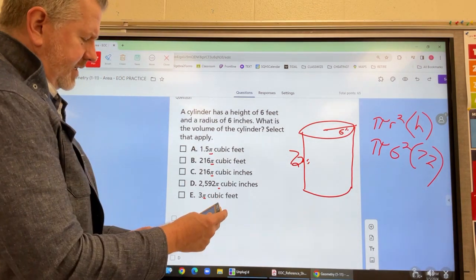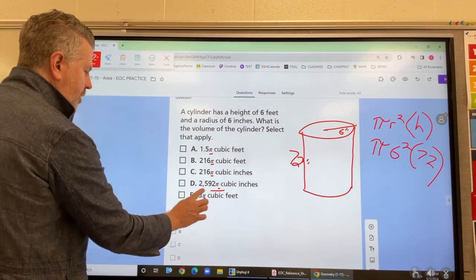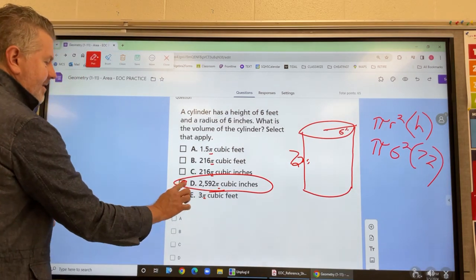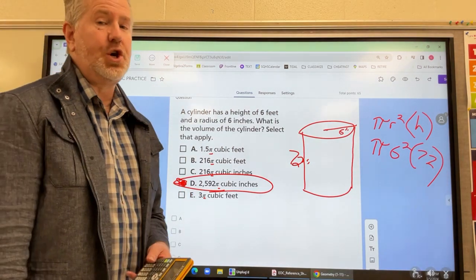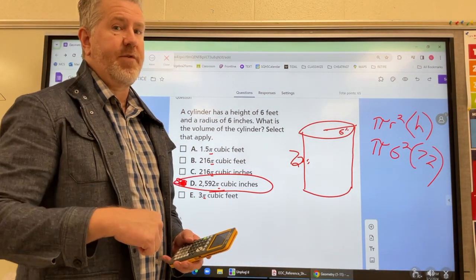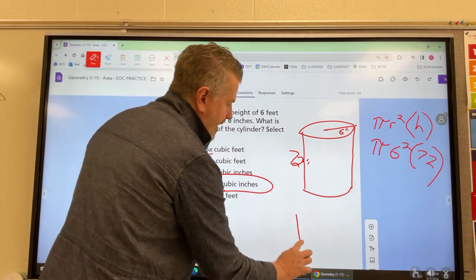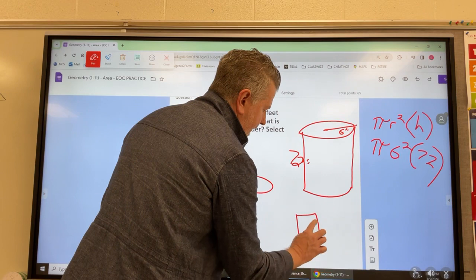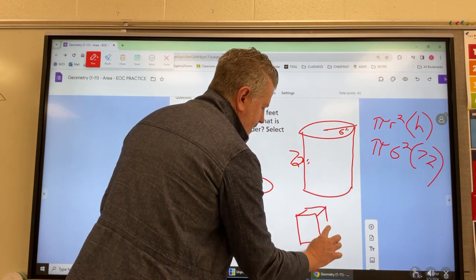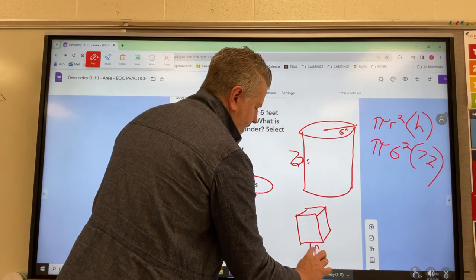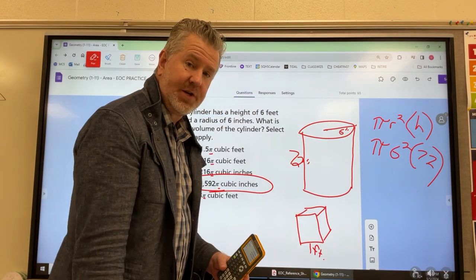So 72, 2592 cubic inches. And we got to convert that to feet also, because we might have another answer here. Now, if we think about a cubic foot, there's a clever way to do that. If that's 1 foot, that's also 12 inches.